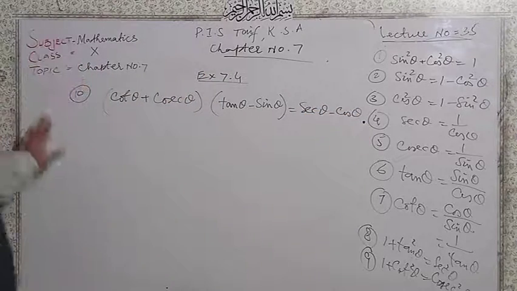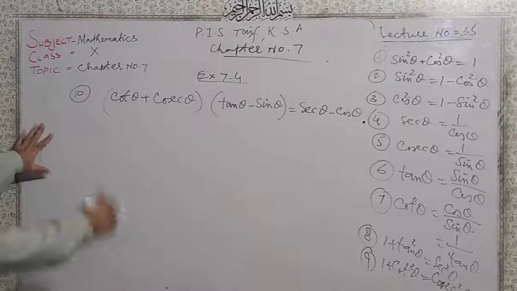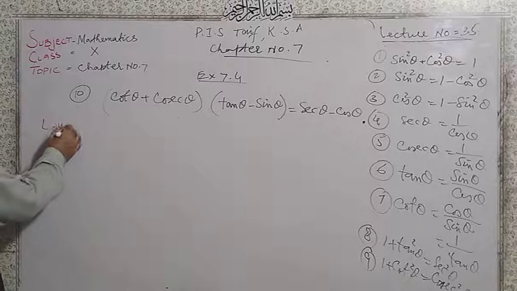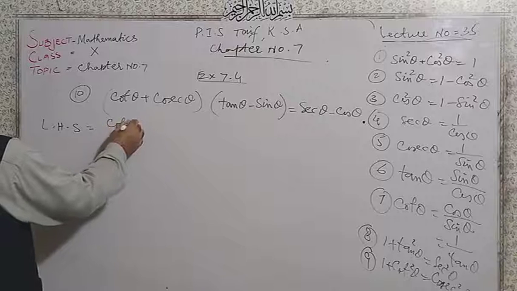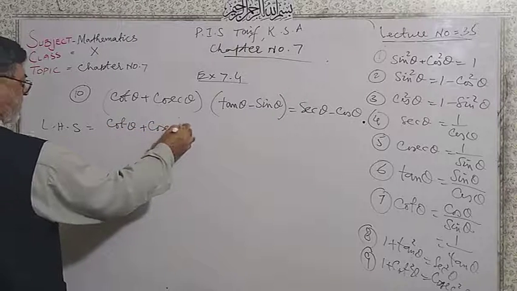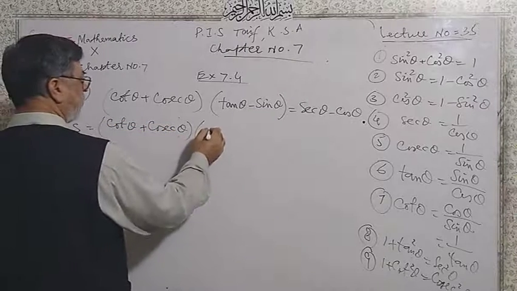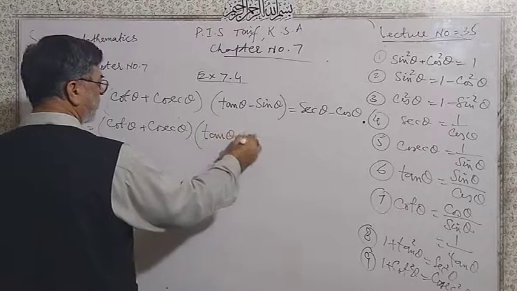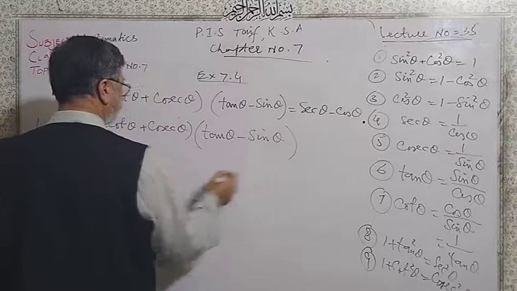Actually, we have to prove that left hand side is equal to right hand side. So left hand side is (cotangent theta plus cosecant theta) into (tangent theta minus sine theta).